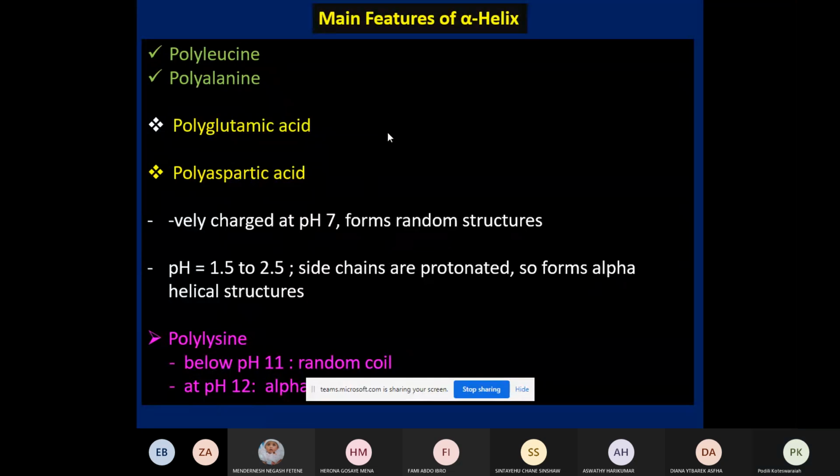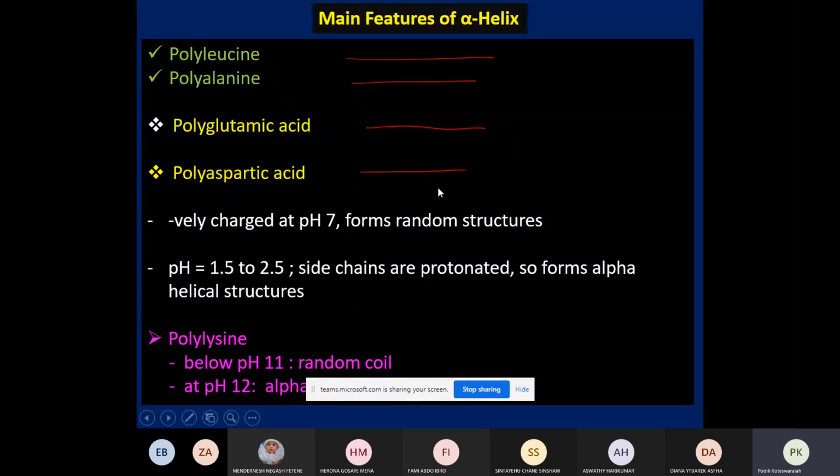And of course, usually any alpha helix in proteins has different types of amino acids. But for example, assume a hypothetical polypeptide made up of only one amino acid, only leucine, only alanine, or only glutamic acid or aspartic acid.